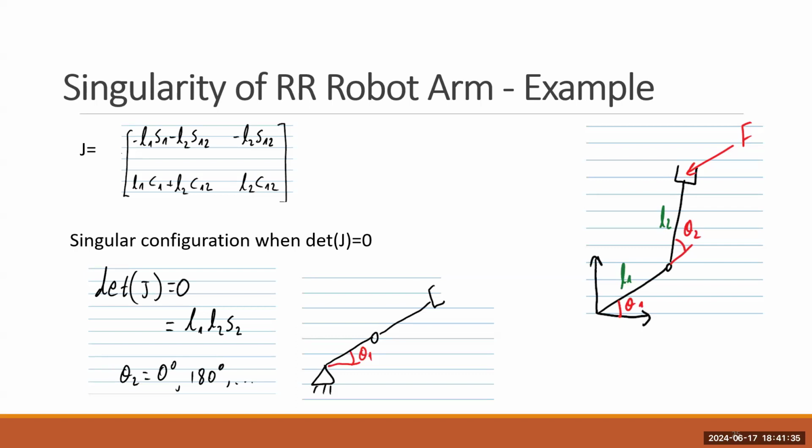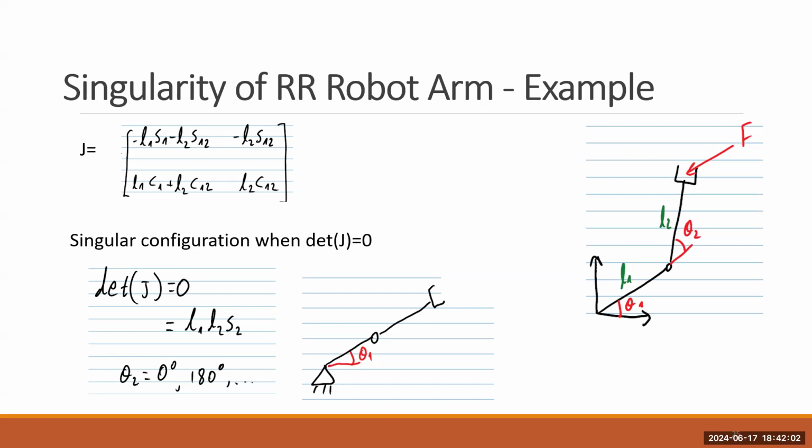So this and this term just cancel each other, and we're left only with L1 L2 cosine θ1 sine θ1+θ2 and L1 L2 cosine θ1+θ2 sine θ1, and together it's simply L1 L2 sine θ2.